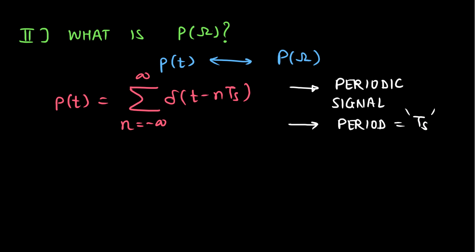And we know that if we have a periodic signal, then in order to find the Fourier transform, we first need to know the Fourier series coefficients. And once we know the Fourier series coefficients, we can easily find the value of this P of omega.